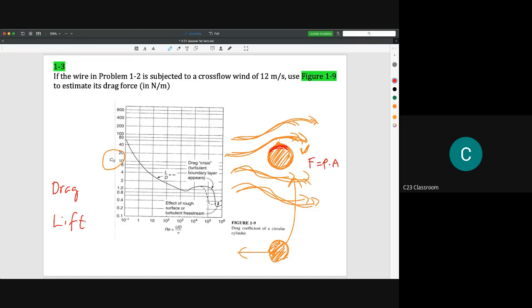For example, in this one we need to calculate the drag force, and sometimes the drag force is shown in terms of a coefficient, so we have a CD here. I think you already know that the drag force FD is CD times 1/2 rho A V squared. This is the common idea of the drag force.